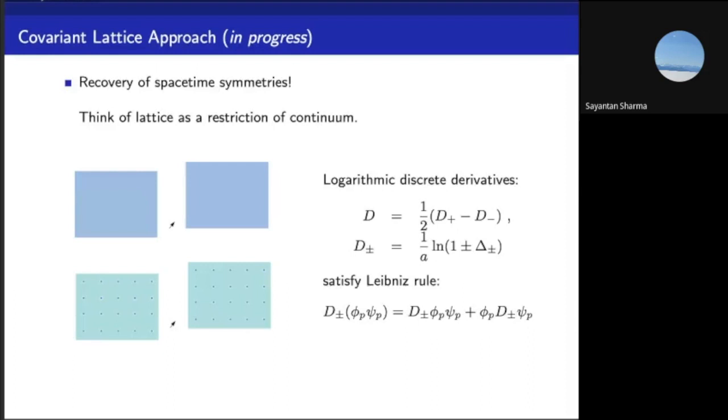I had one question. When you have these logarithmic derivatives, then the locality is not an issue, right? Because I think the modulus of this operator falls exponentially fast at infinity, so the non-locality will not matter for quantum field theories.